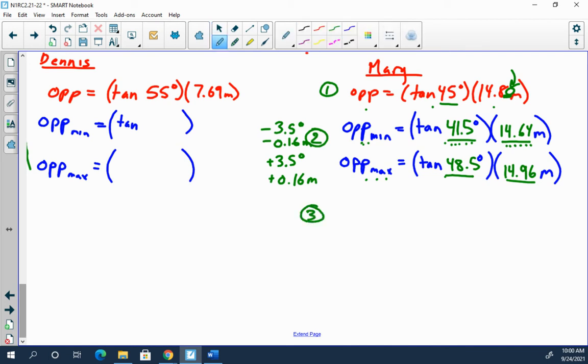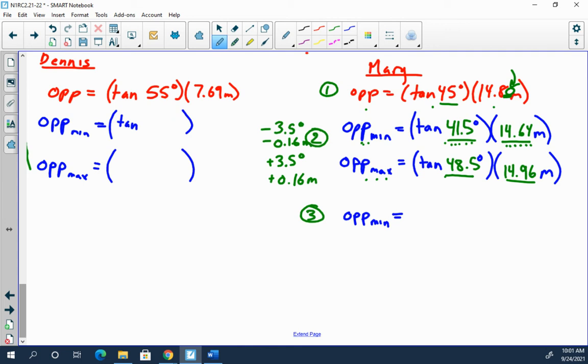Let's run this. Based on these two calculations, the minimum possible opposite comes out to, you can do the numbers, 41.5 tangent. Let's see, tangent of 41.5. It's about 0.885 times 14.64.